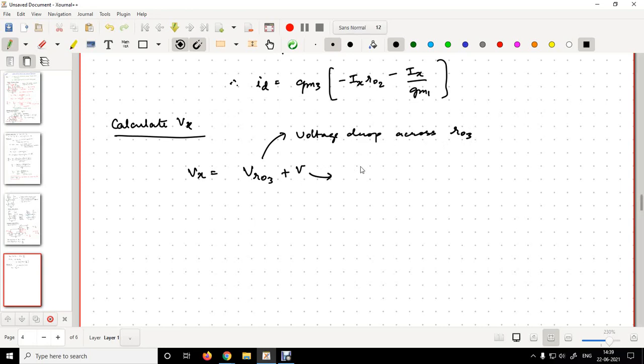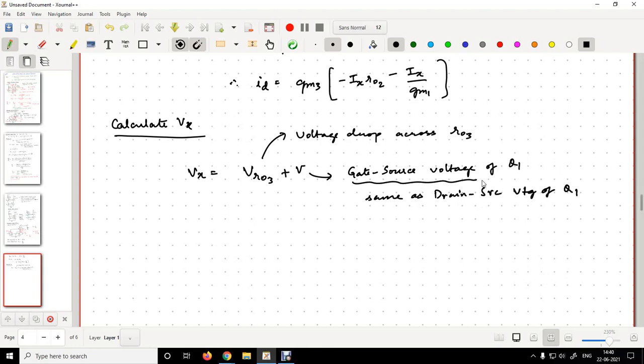V is the gate source voltage of Q1. Gate source voltage of Q1 is the same as drain source voltage, because both drain and gate are shorted, right? So VGS1 is the same as VDS1, right?